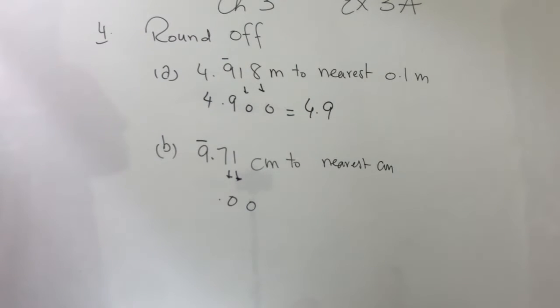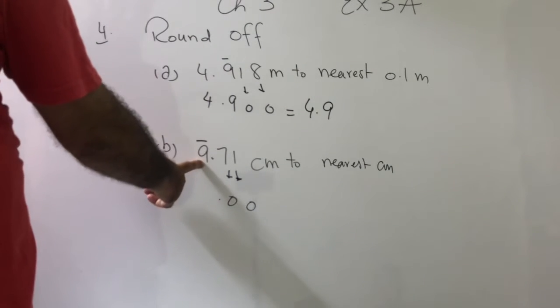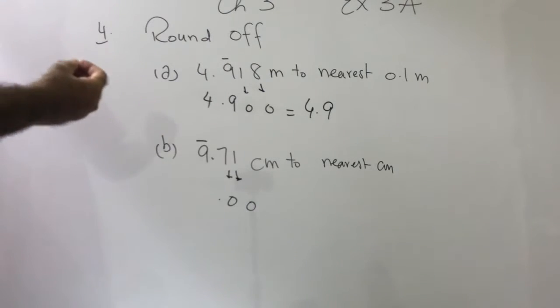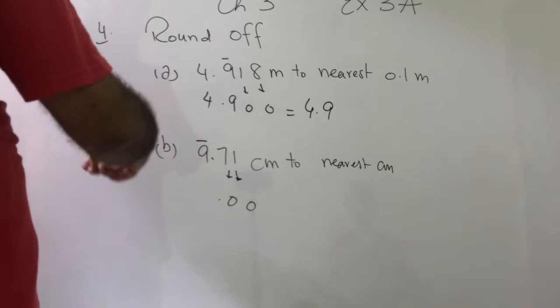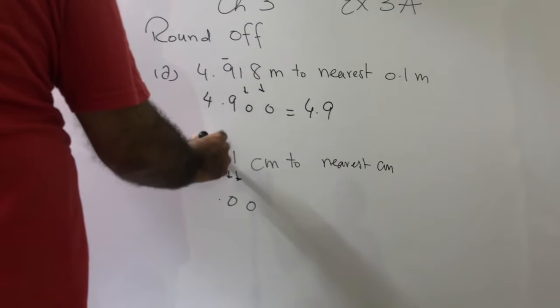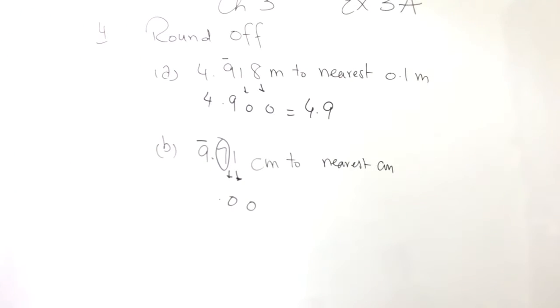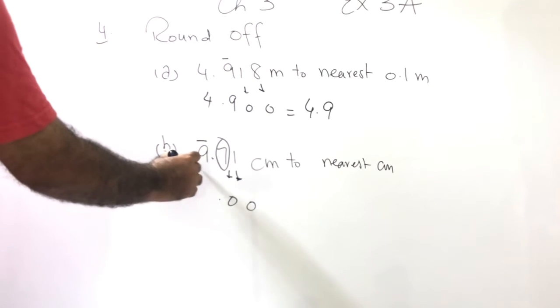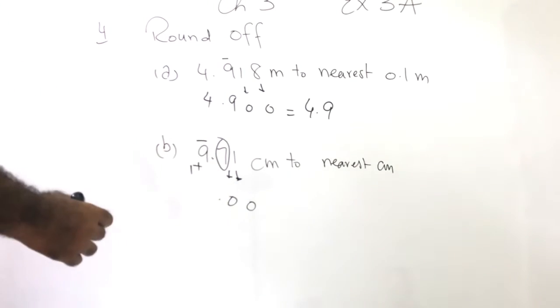Then we need to see what is on the right side, the immediate neighbor on the right side. For this 9, the immediate neighbor on the right side is this digit 7. This digit is greater than 5. So the rule says when the immediate neighbor on the right side of the marked place is greater than 5, then we add 1 to this marked position.